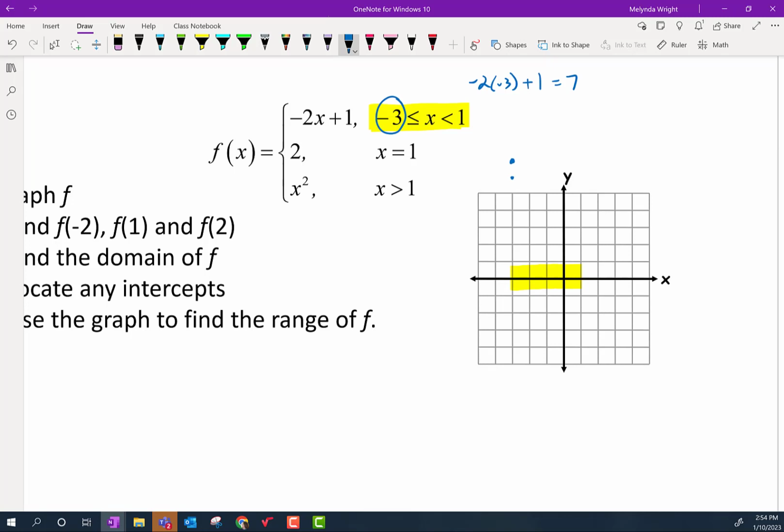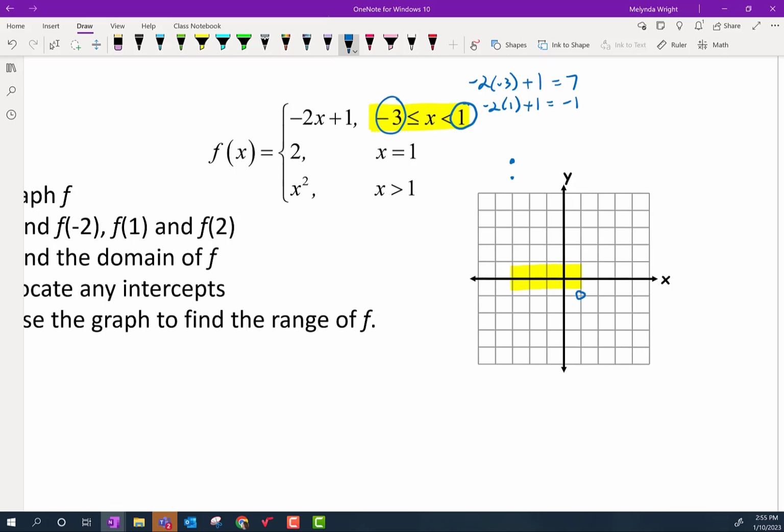Then what I would do is put the ending one in. So -2 times 1 plus 1. That's -2 plus 1, that's -1. So at 1, I'm at -1, and that's going to be an open circle because it's less than 1, not less than or equal to 1.